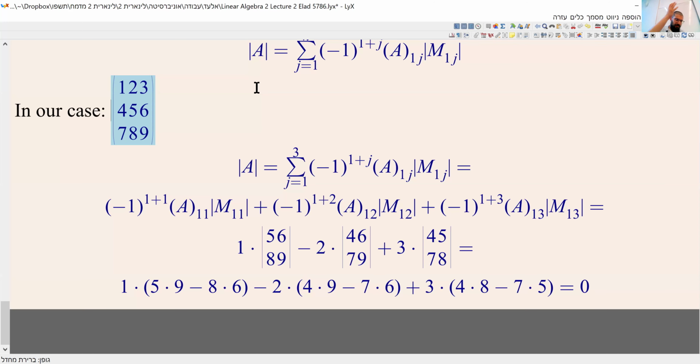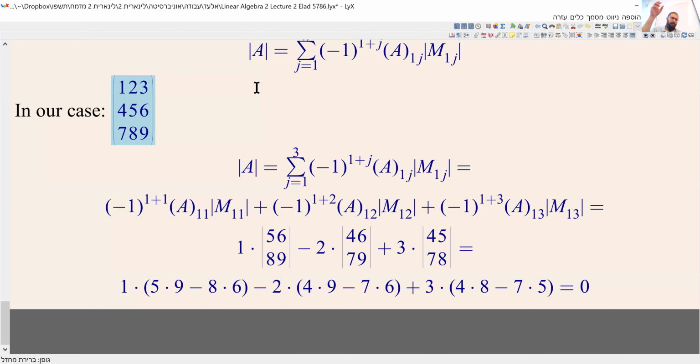And when it comes to, let's say, 5-on-5, 5 factorial is 120. So this formula does become longer and exhausting by itself when the matrix becomes bigger. But it's still easier, nicer, faster than the original definition.